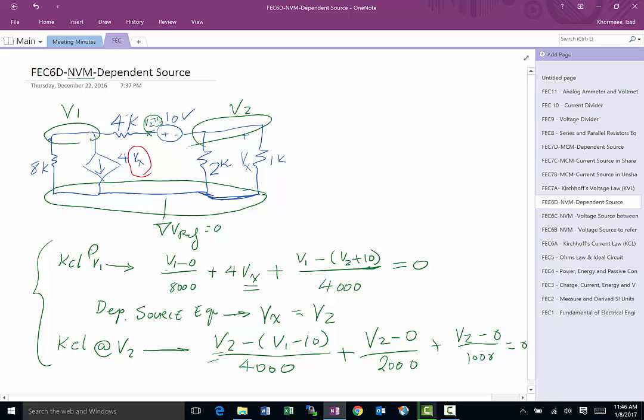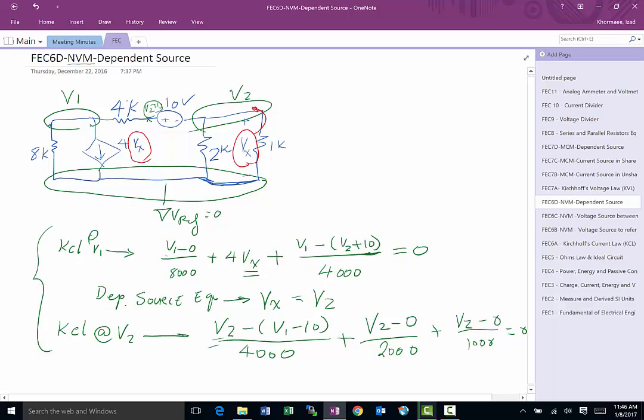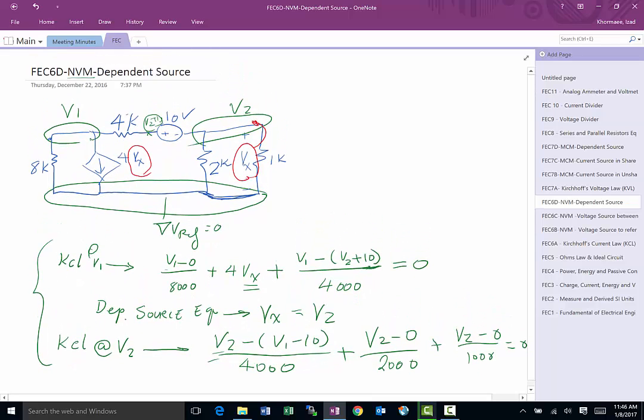Fortunately, the third equation falls out, because when you have a dependent source, you always have somewhere else in your circuit relating the unknown voltages to something that you already know. So that gives you, hopefully, a good step-by-step process for handling this particular special case with a dependent source.